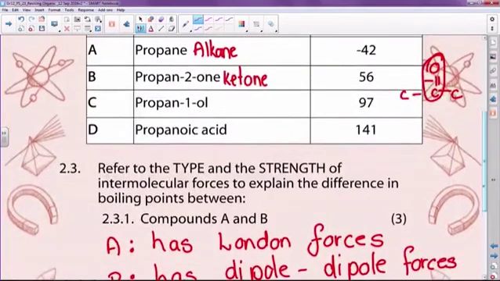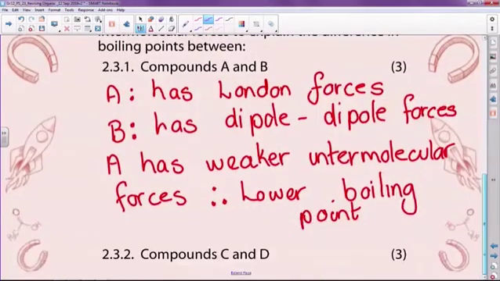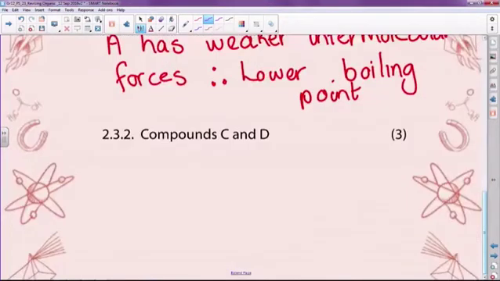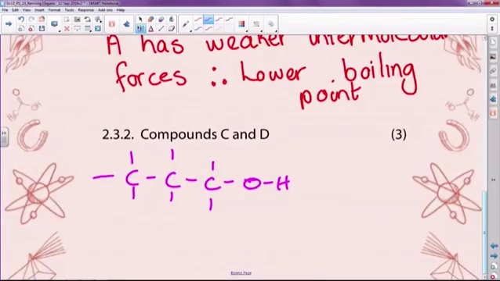All right. Then we go to the next one, which was between propan-1-ol and propanoic acid. Now, this is quite an important one because propan-1-ol means this. So we have the OH, and I'm not going to worry, I just want you to see it. Propanoic acid is this.